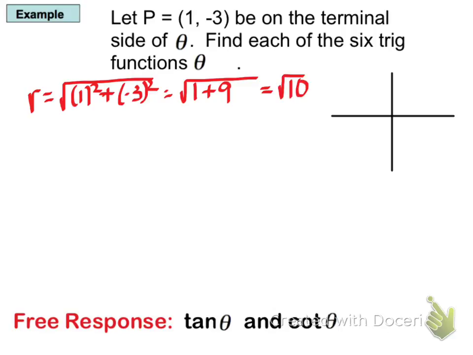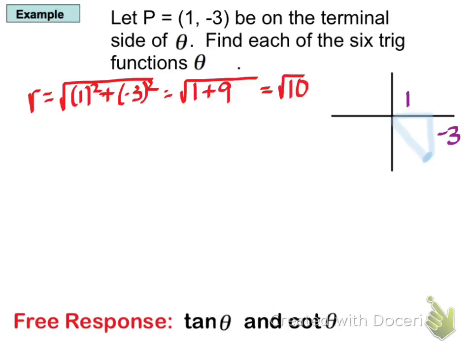Now, if instead you choose to use the triangle, you'd want to plot the point 1, negative 3, and it's going to be down here in quadrant 4. You'll draw your radius in, and then you'll bring your right triangle up to the x-axis. Now your side lengths would be x is 1, y is negative 3, and we need to find the radius.